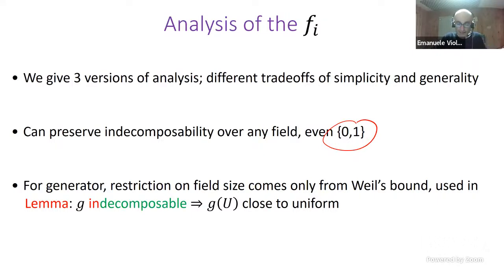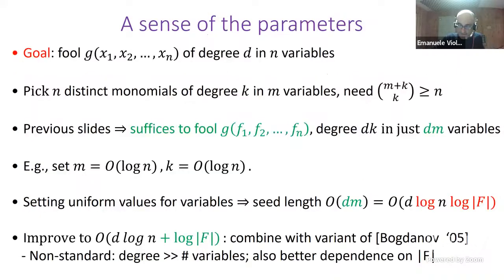Last comment: all this stuff that I said actually doesn't quite give the optimal dependence, because if you think about it, I'm still plugging field values for the variables of the polynomial, so it will still give a multiplicative dependence on the field size, no matter what I do, because you have field elements. But in fact, the right dependence is additive.